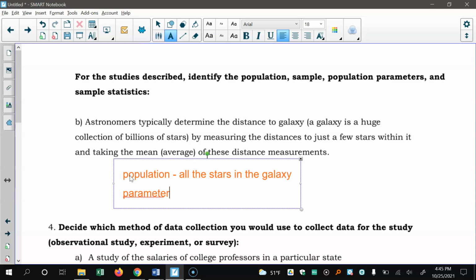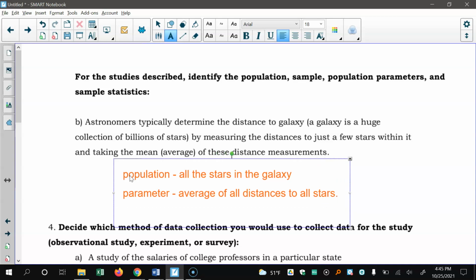The parameter would be the average of all distances to all stars. The sample is the few stars, and the statistic is the average of those few stars.